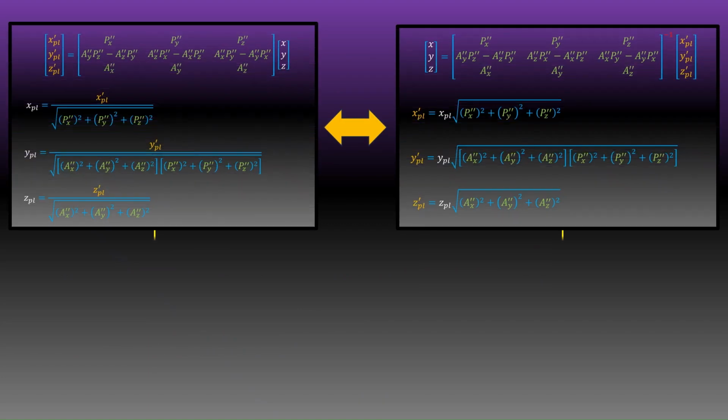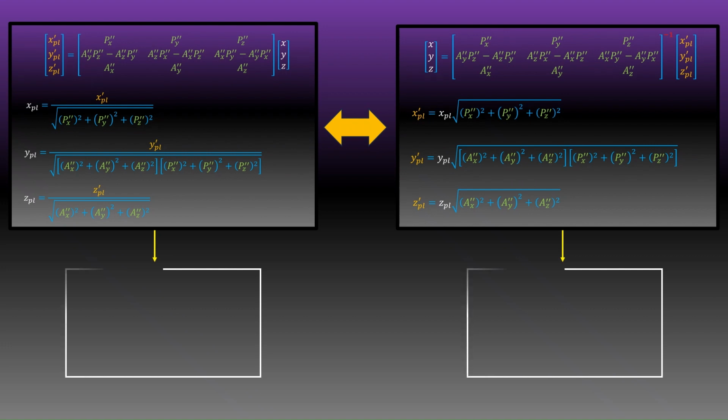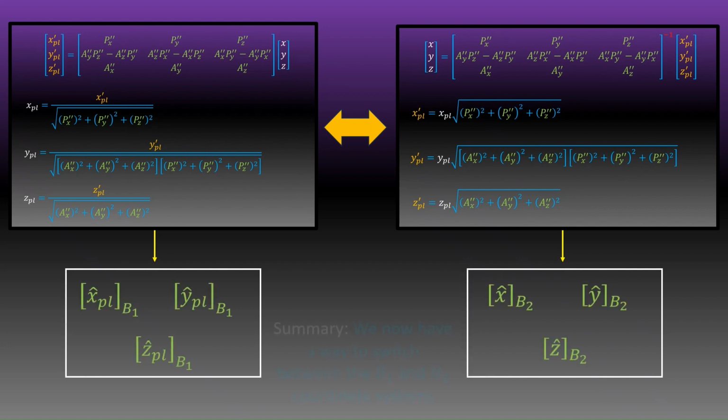All right, so let us summarize what we found here. We basically found that we have a way to express x hat PL, y hat PL, and z hat PL, in other words, the B2 coordinate system in terms of B1 on the left, and then on the right we have a way to switch from the B2 coordinate system to the B1 coordinate system.